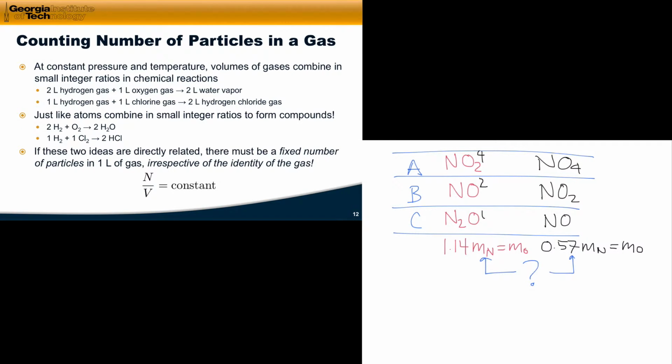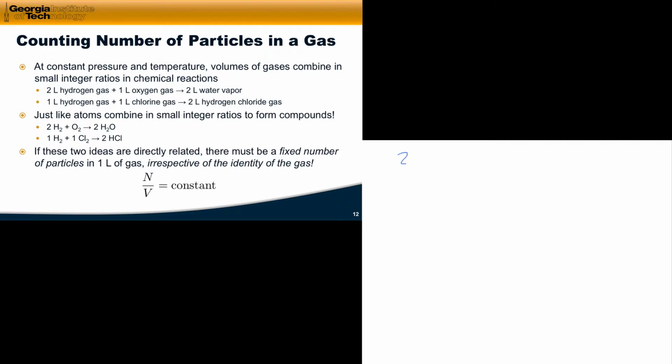Avogadro's idea was that in a gas, the volume of a gas at constant pressure and temperature is directly proportional to its number of particles. He noticed empirically, experimentally, that volumes of gases held at constant temperature and pressure appear to combine in small integer ratios.